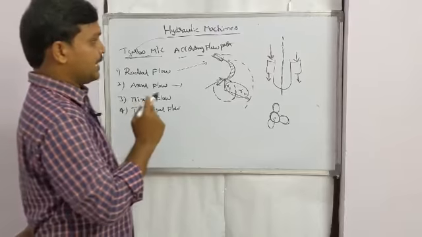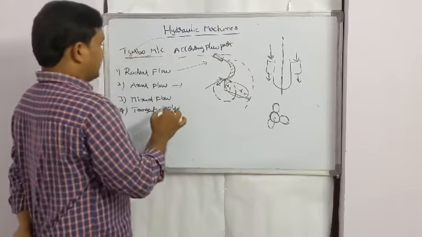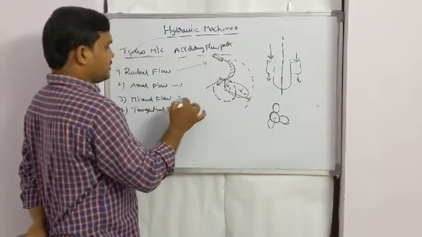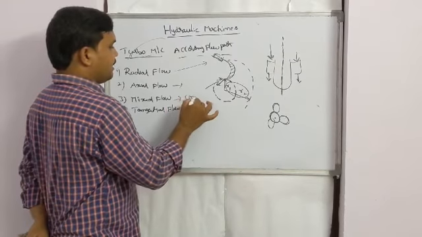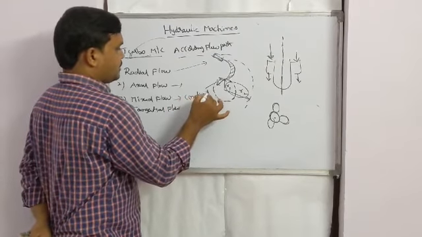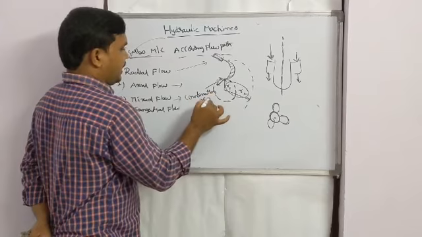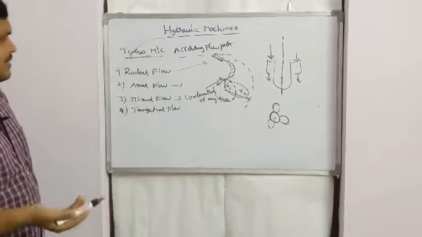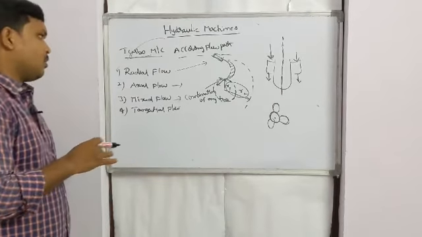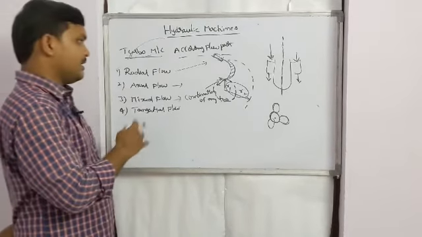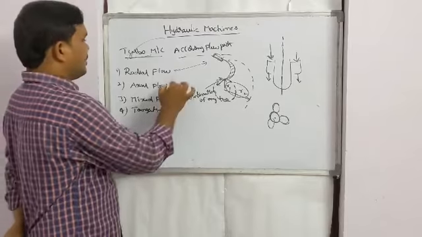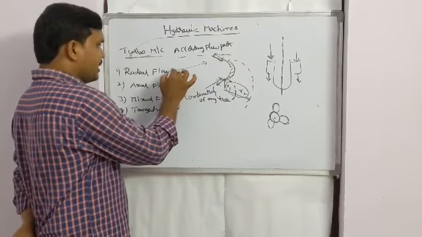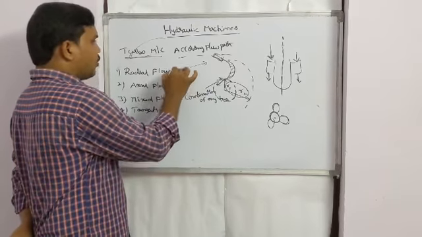There is a chance of two types of flows, and that is called mixed flow. Mixed is nothing but a combination of any two flows, one radial and one axial. The inlet may be radial and the outlet axial, or the inlet axial and the outlet radial.